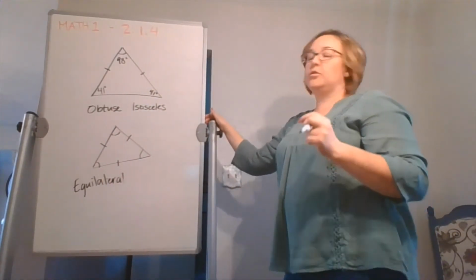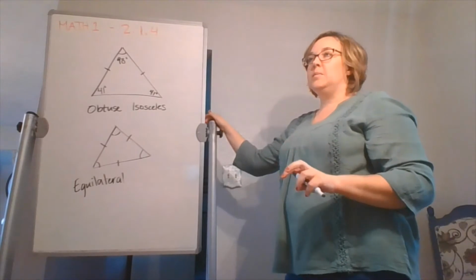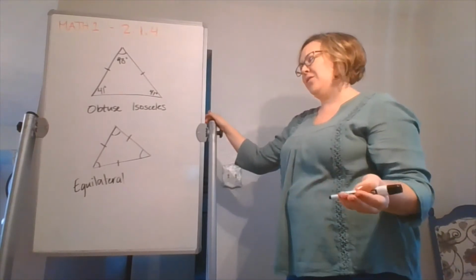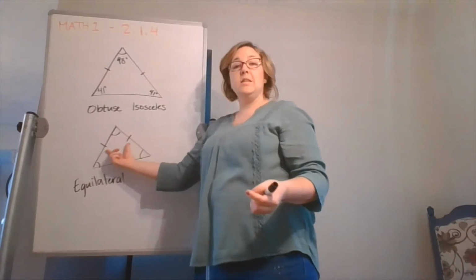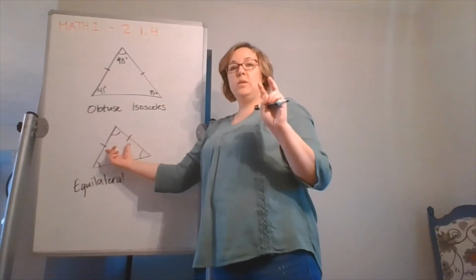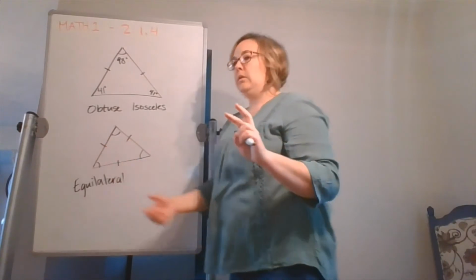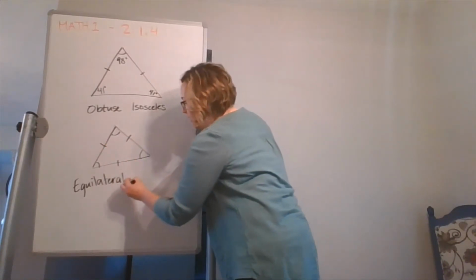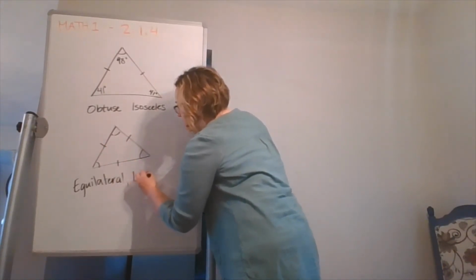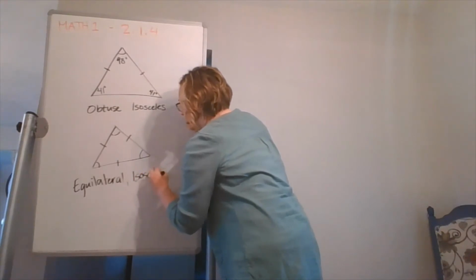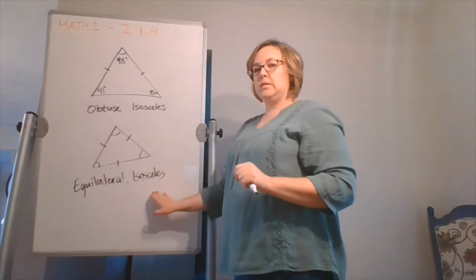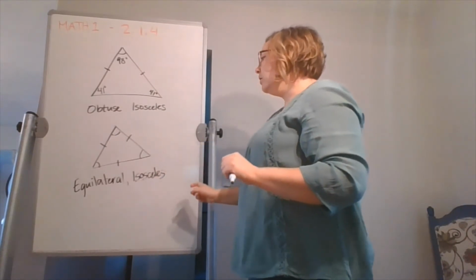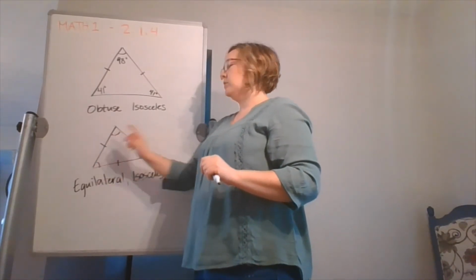Also, equilateral triangles are a subset of isosceles, or even if you didn't know that they were a subset, looking at this, we could pick any two sides and say that they are equal, and we need two sides to be equal in order to have an isosceles triangle. So not only is it equilateral, it is also isosceles, and also all three angles are equal.